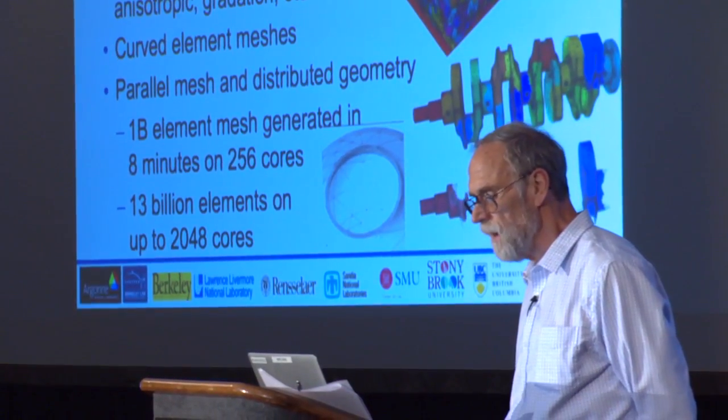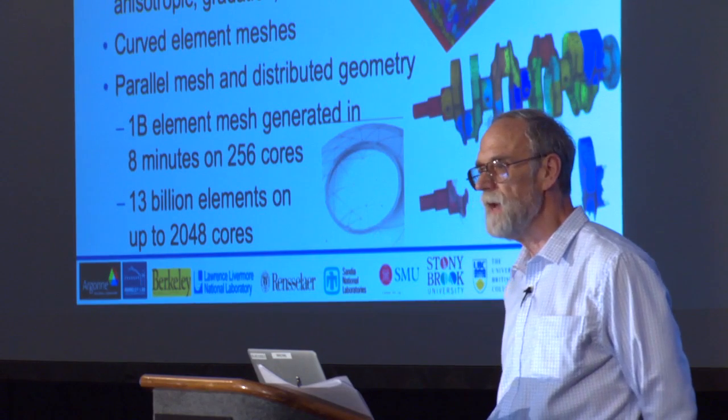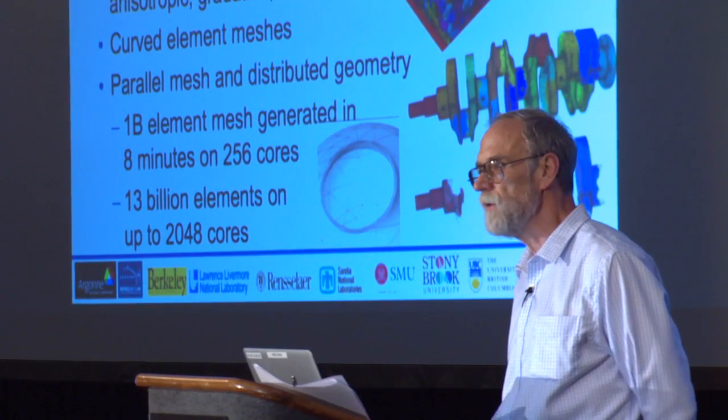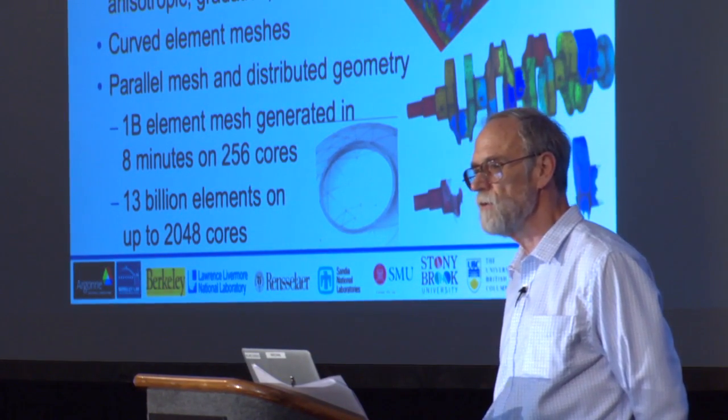We can generate multi-billion element meshes in a matter of minutes on like 256 cores, and it has been scaled up to 2,000 cores with good scalability. There are problems we're doing for IBM at this point where there's an awful lot of geometry. So in fact, not only is the mesh distributed in parallel, but so is the geometric model. We don't have a copy of the entire geometric model on every node anymore either, so that even that is scalable.